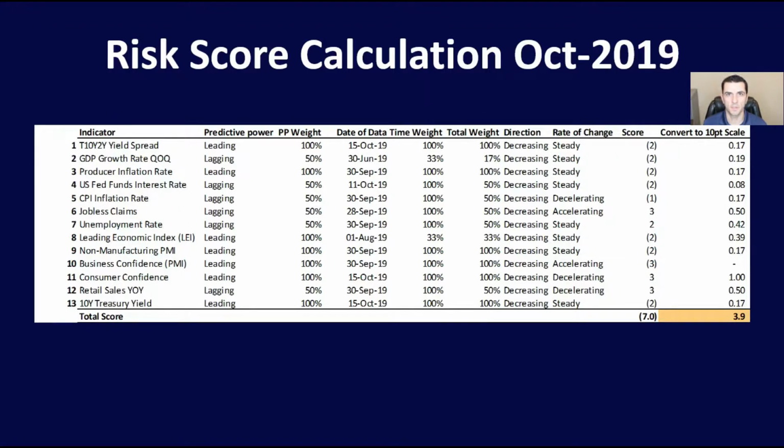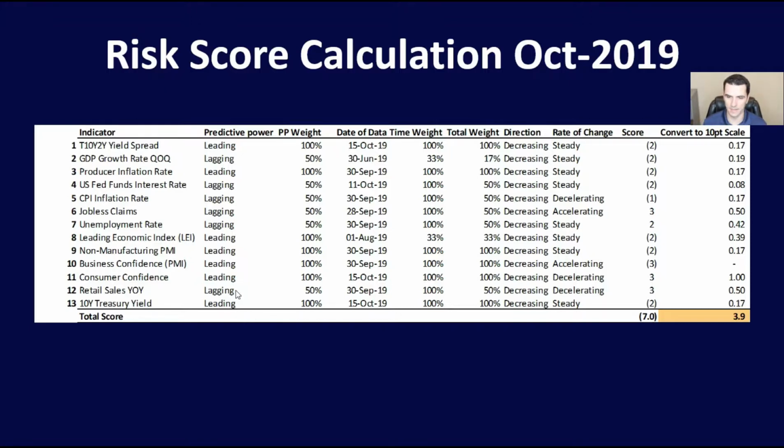As in previous videos, what you see before you is a capture of my screen, basically my summary table for the risk score calculation for October 2019, as mentioned. Like I said, I will be linking to all of the details on how I build this whole score up, but just to give a brief background for those who are new, I track 13 economic indicators. I label them as leading or lagging.